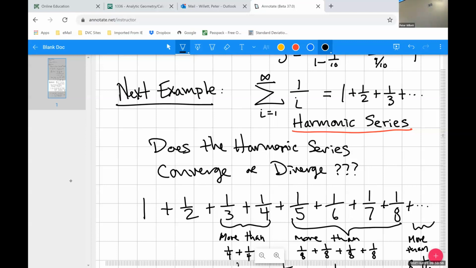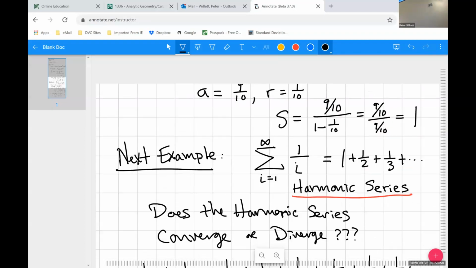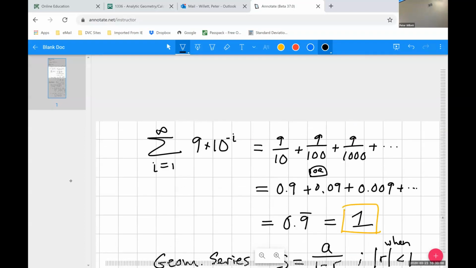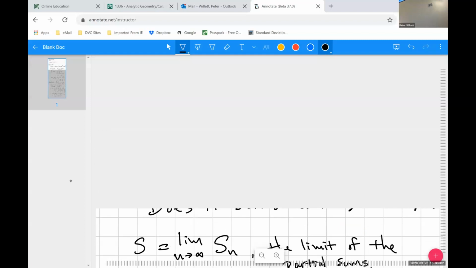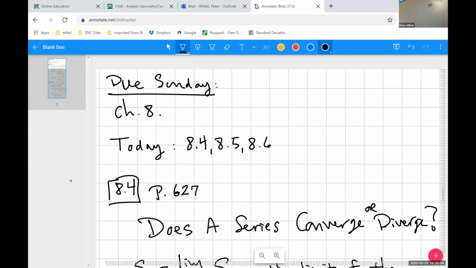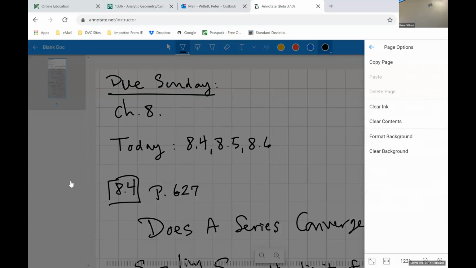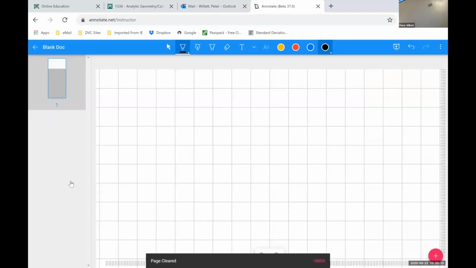Okay, so I'm going to go ahead and give us a new page to begin to consider ways that we can test for this sort of thing. So let's begin to look at some tests and talk about how they might help us determine whether a particular series converges or diverges.